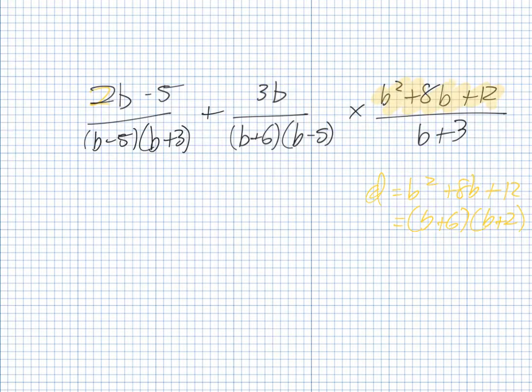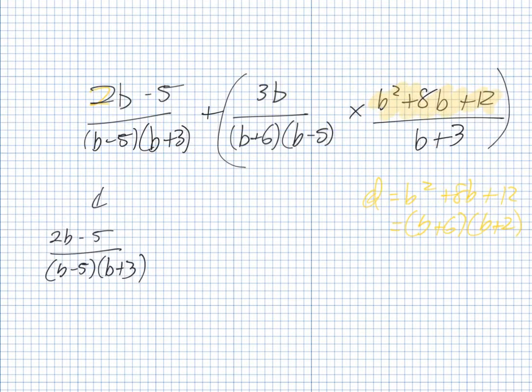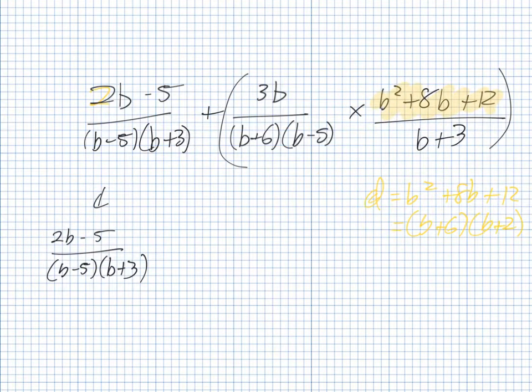We have, and again, we're going to focus on this set first, okay? So this kind of comes down. We have 2b minus 5 over b minus 5, b plus 3, times 3b over b plus 6, b minus 5.